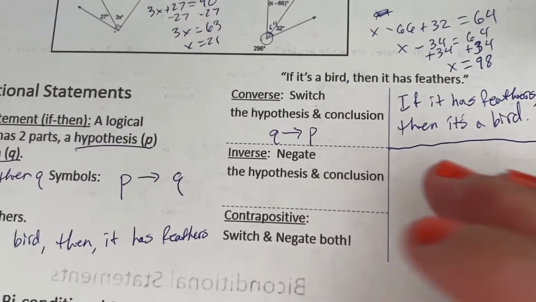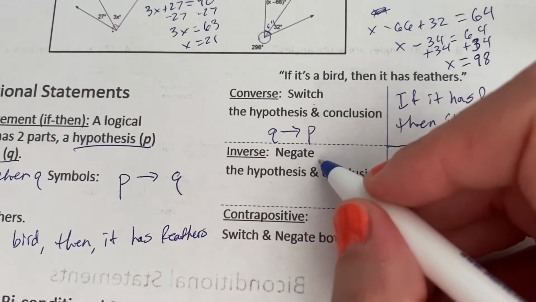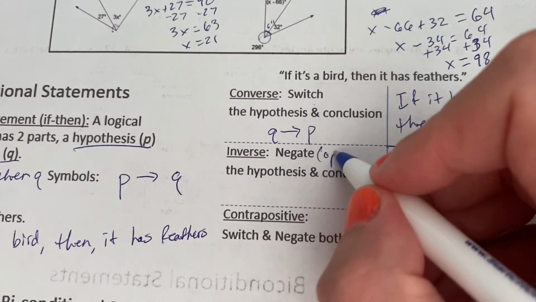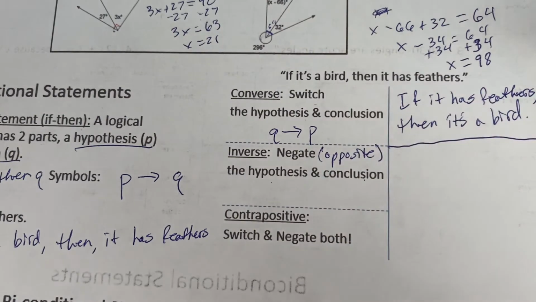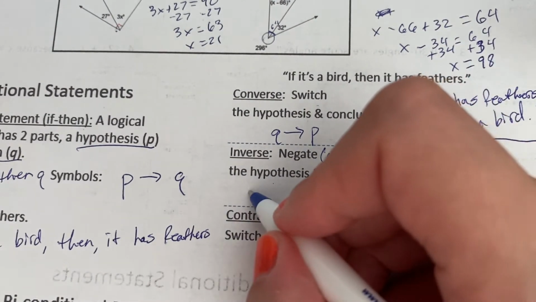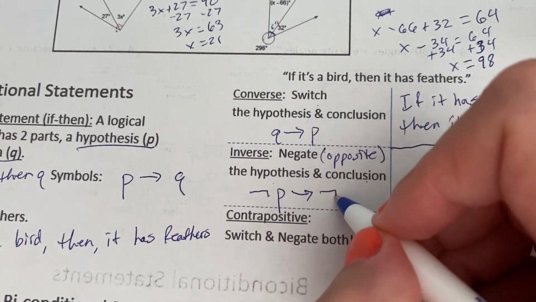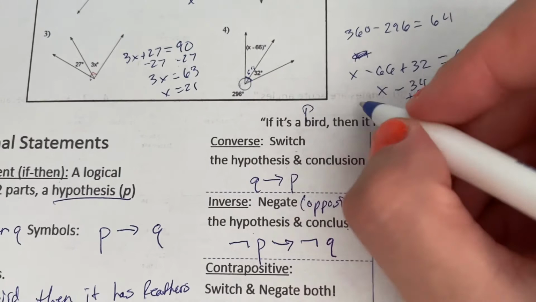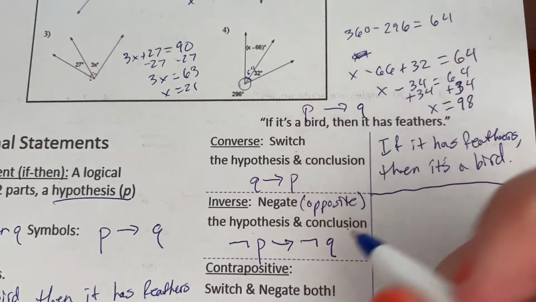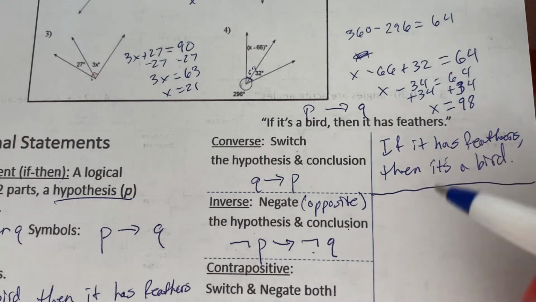Then the inverse is negating both the hypothesis and the conclusion. So negate means to take the opposite. Kind of make note that it's opposite. All right, so we'd say not P, then not Q. So we leave it the same, right? This one up here is P, then Q. So we keep it the same, but we just put a little not symbol in front.